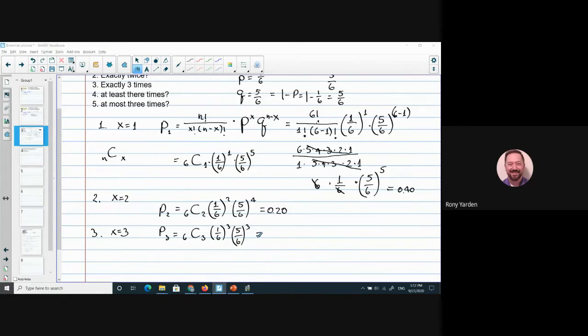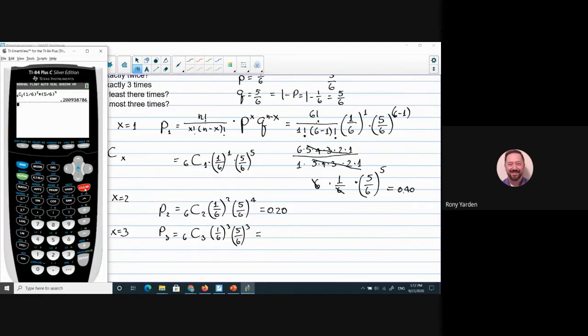Okay, let's do the math. Calculator, clear. So again, 6 and Math, Probability, 3 and 3 again. 1/6 to the power of 3. Get out of the power mode.